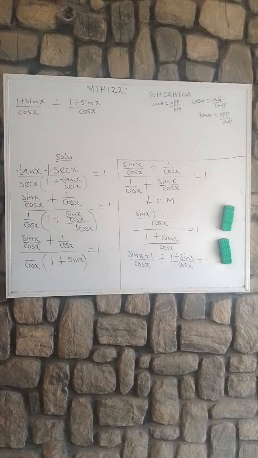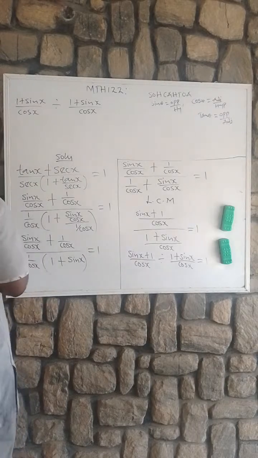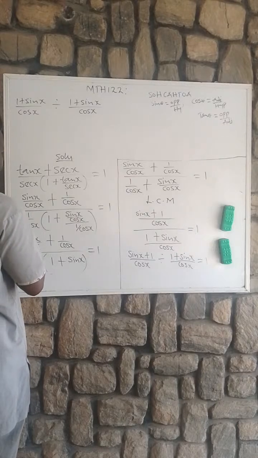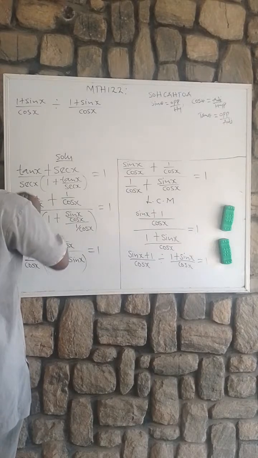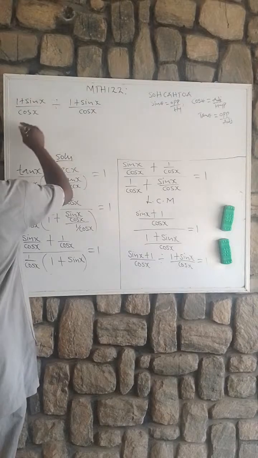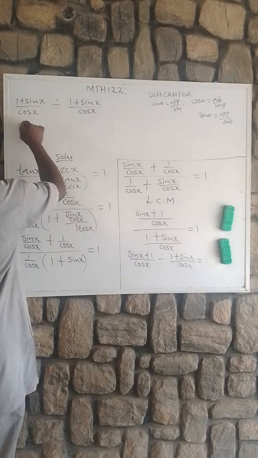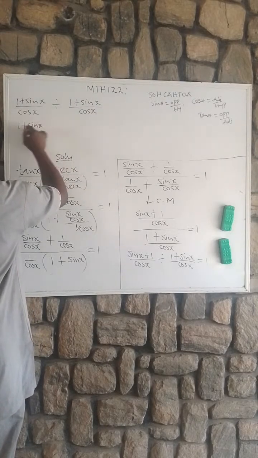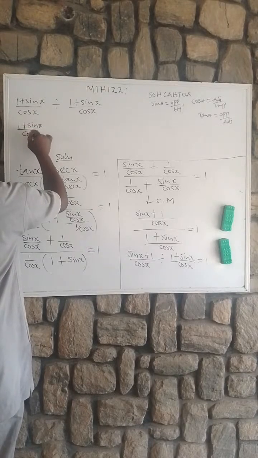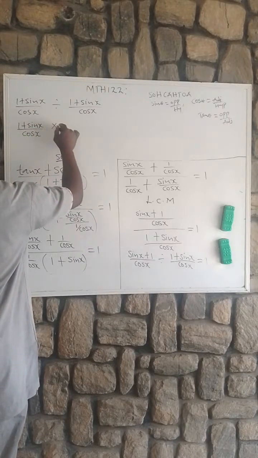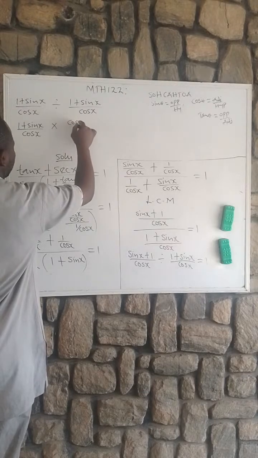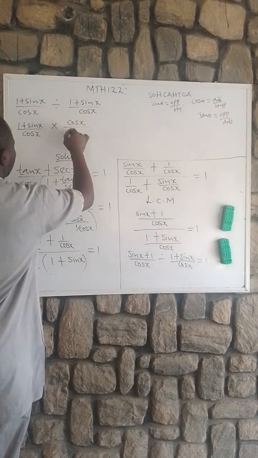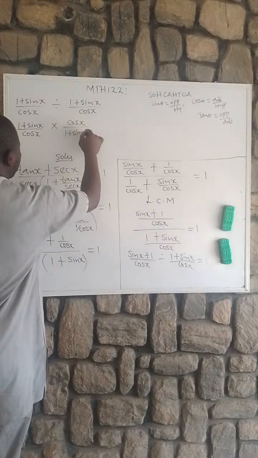Okay? So if you agree with me, it means here we convert this to multiplication. We are going to have 1 plus sine x all over cos x times cos x all over 1 plus sine x.